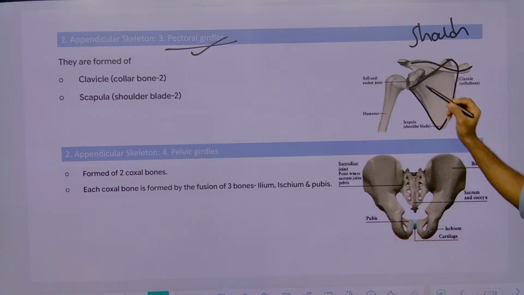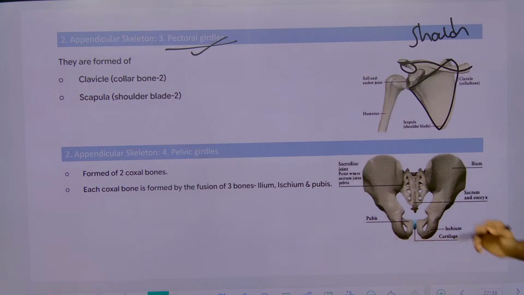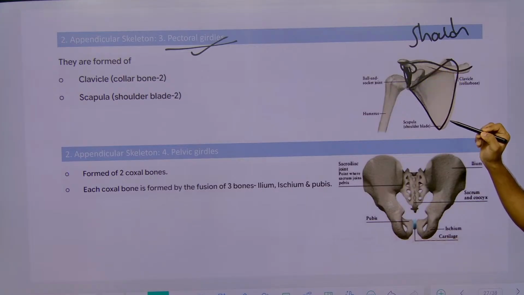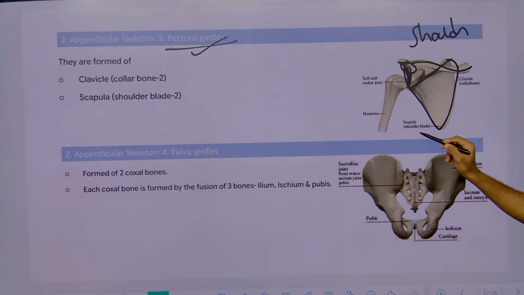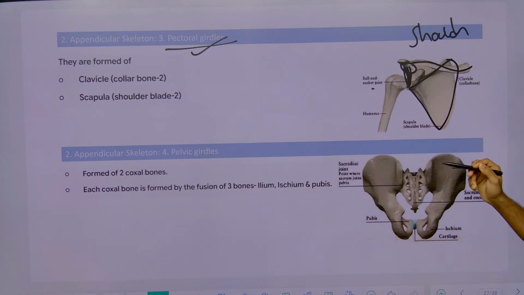Here we have one region called the acromion. And in this region, there is a cavity. This cavity is called what? Glenoid cavity. Here there is a ball and socket joint. In the next chapter we have joints, and we will discuss it there, right? So just remember clavicle and scapula.